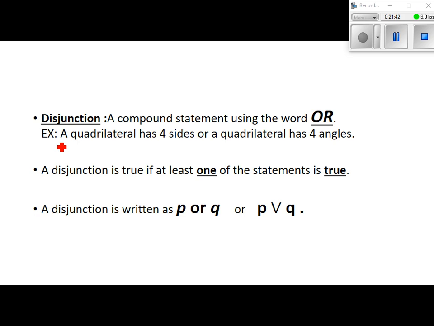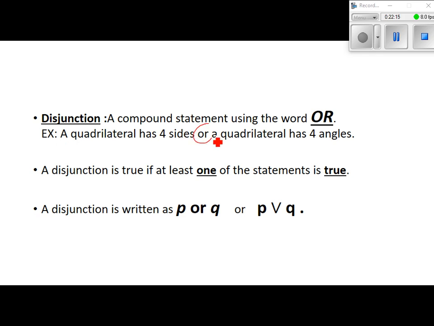Next one, disjunction. A disjunction uses the word or. Same idea with the disjunction.